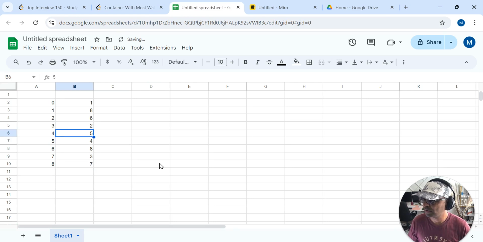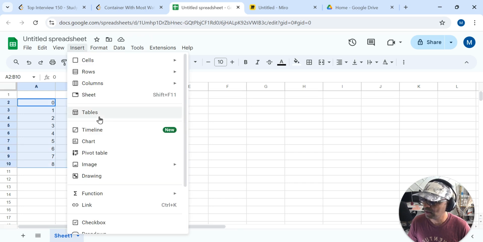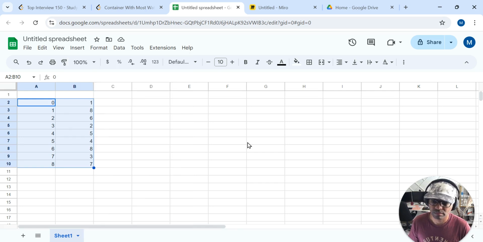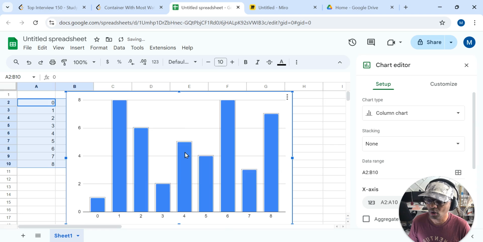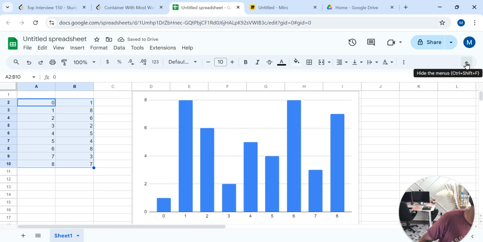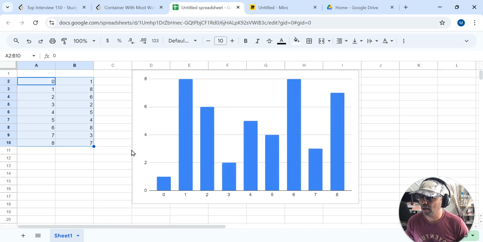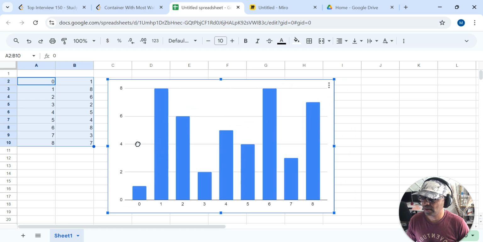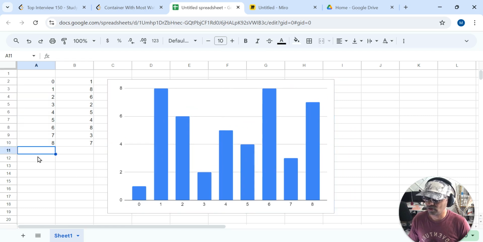Okay, and what I'm going to do is quickly create a column chart or bar chart or something like that. Okay, good. Actually, it chose column chart as the default, and that's actually what we need. So I'm just going to do this. The reason I did this is I think we can actually play around with some values and change them and see what happens.